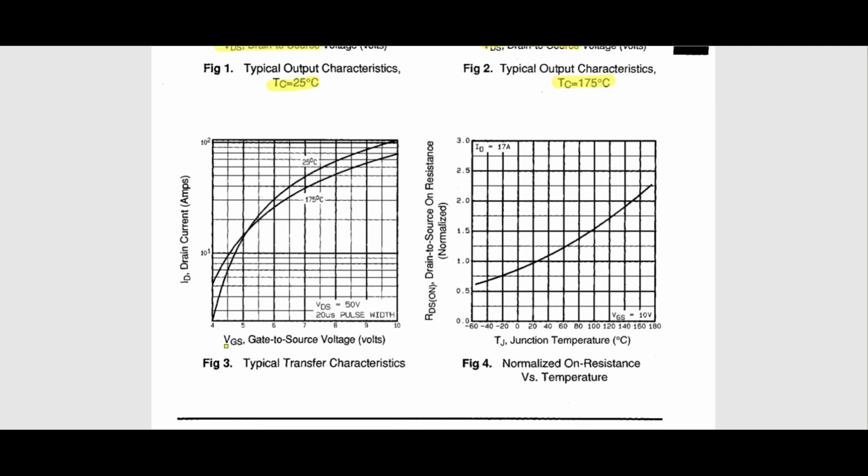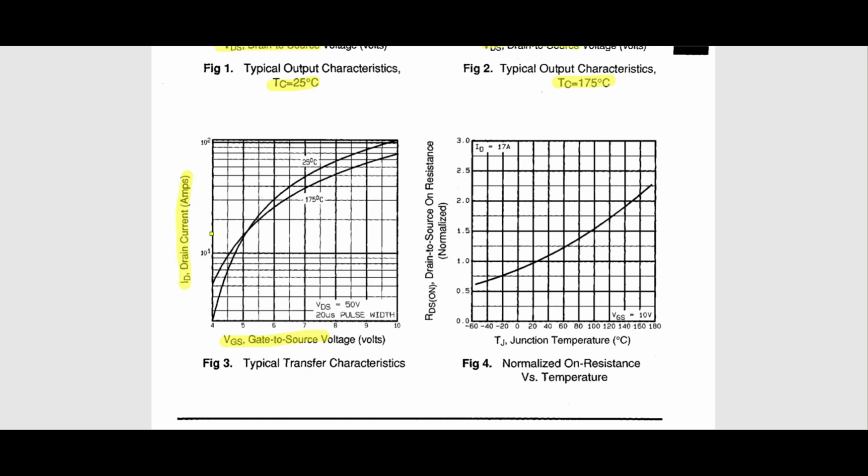Here is the transconductance curve, VGS, the gate source voltage, and the drain current. This is actually looking slightly different from what we plotted. It is actually not so. We plotted it as a square law.